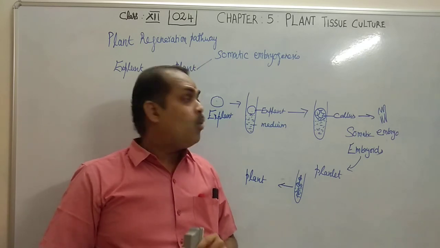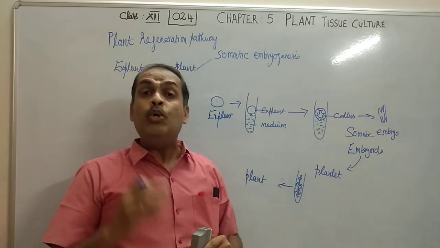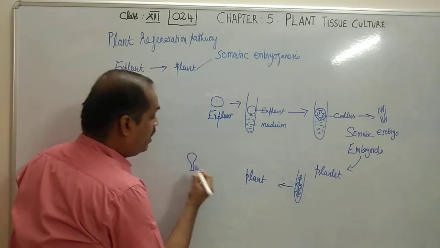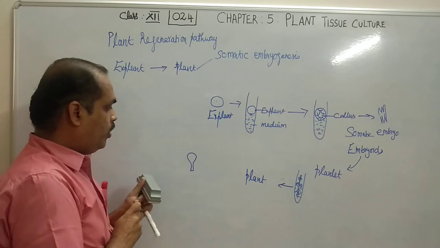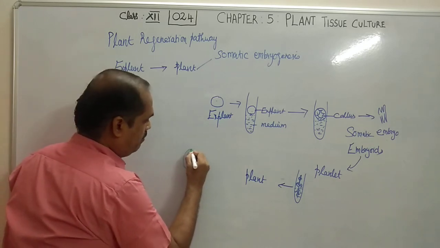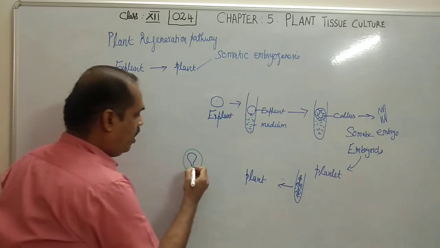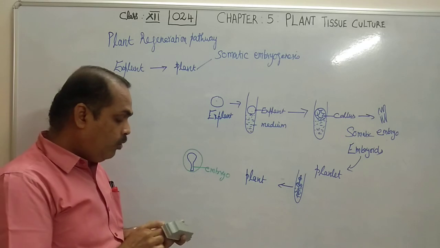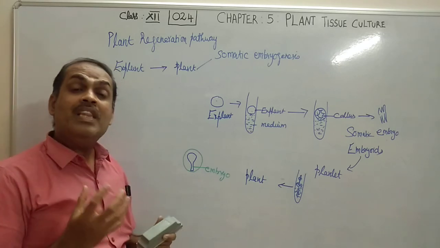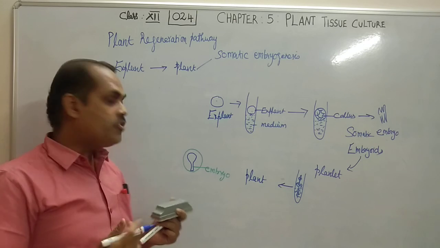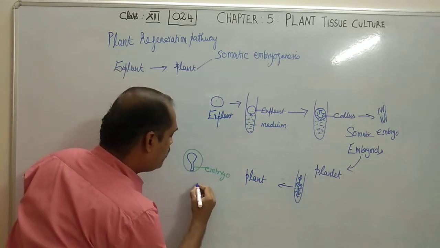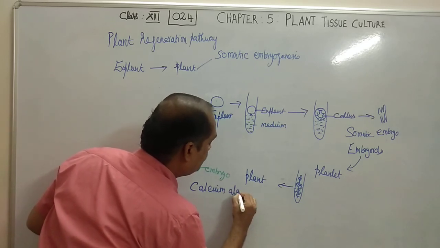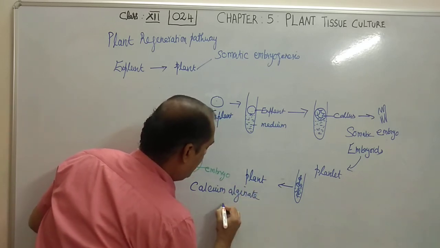The second one is, once the somatic embryos are formed, you can encapsulate them. Suppose this is the somatic embryo that is formed. Over it, you can encapsulate. So that means you are encapsulating this embryo. Now this is the embryo inside and this is the encapsulation. How will you encapsulate it? You are encapsulating with calcium alginate or agarose gel.